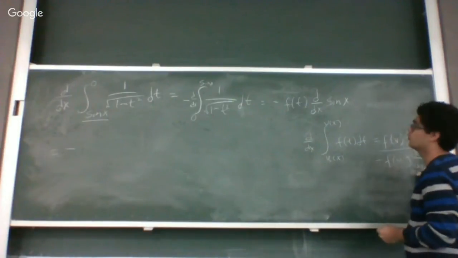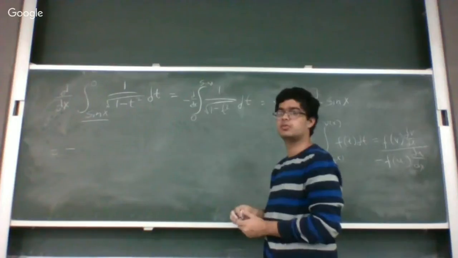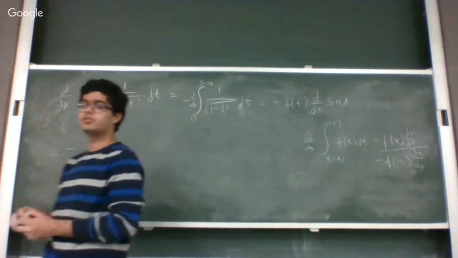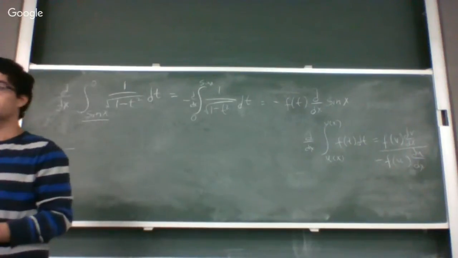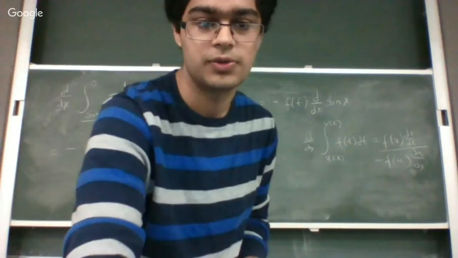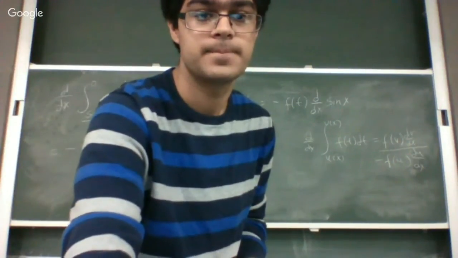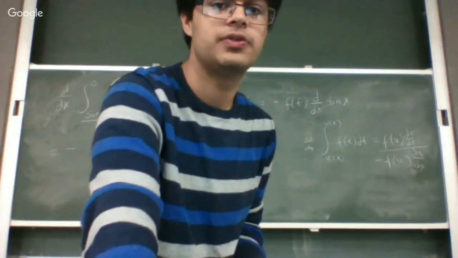This is just a general formula. In this, our v would be sine and our u would be 0. The objective is just to evaluate it.